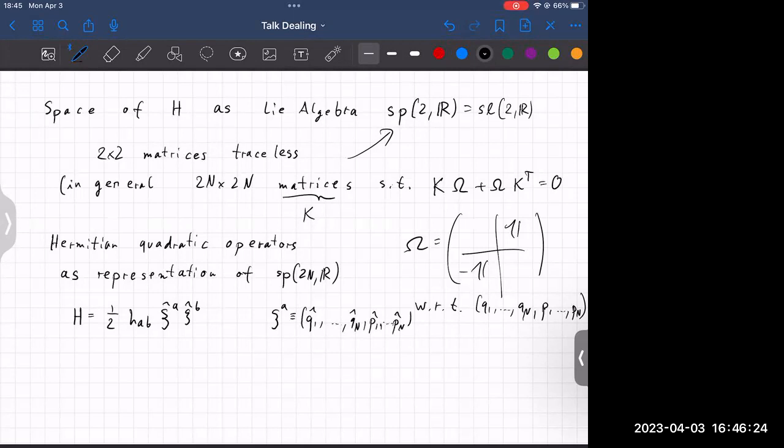So this will be in general the most general quadratic form where H is symmetric. H_AB is equal to H_BA.